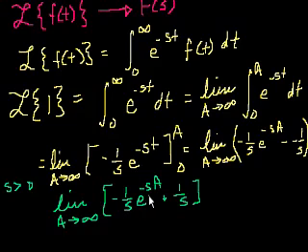Then as a approaches infinity, this term is going to go to 0, right? e to the minus a Googol is a very, very small number, and e to the minus Googolplex is an even smaller number. So e to the minus infinity approaches 0, so this term approaches 0. This term isn't affected because it has no a in it, so we're just left with 1 over s.